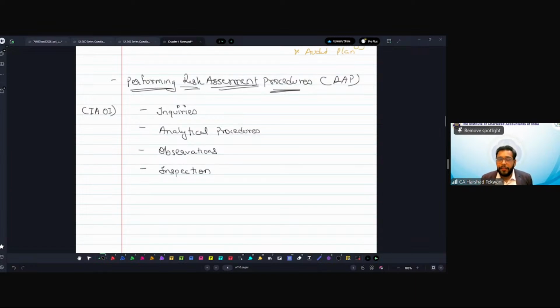Any notice of inspection by any regulatory authority? So these are certain kinds of questions, and as correctly mentioned by Hemant also, we will prepare a list of questions, a questionnaire that we will share with the management, and we will ask them, tell me what the answers to these questions are. Once we have that, on the basis of that, we may perform some additional procedures.